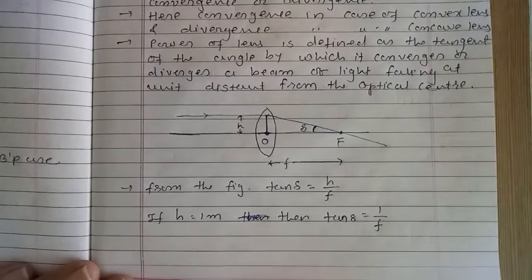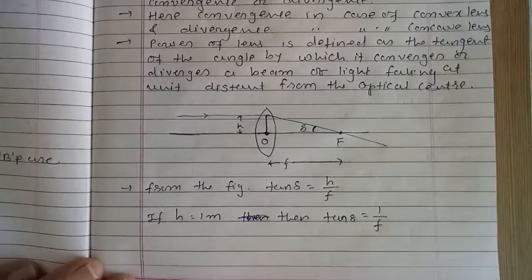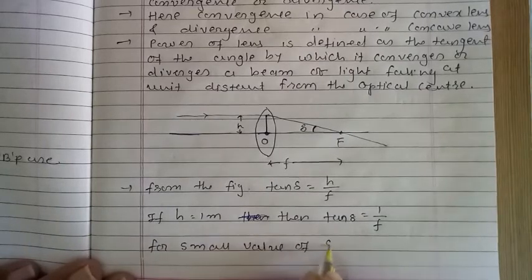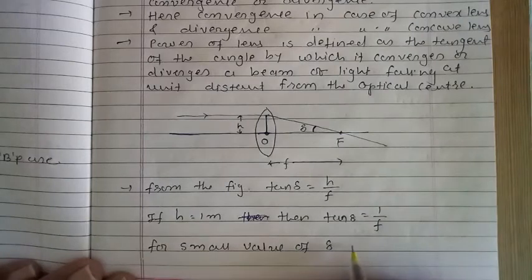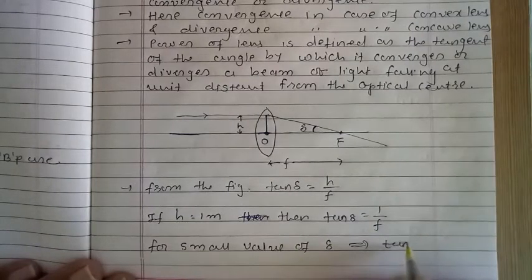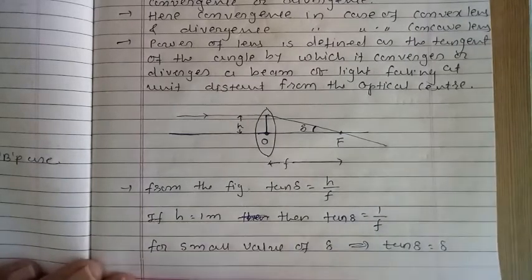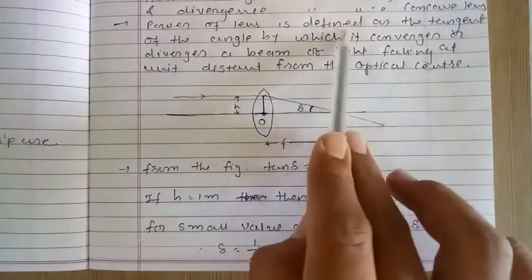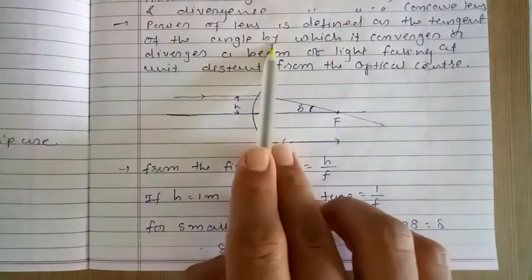But we know that if the angle is small, tan delta is equal to delta. So for a small value of delta we can take tan delta is equal to delta. So delta is equal to 1 upon f, and we know that the power of a lens is defined as the tangent of the angle.